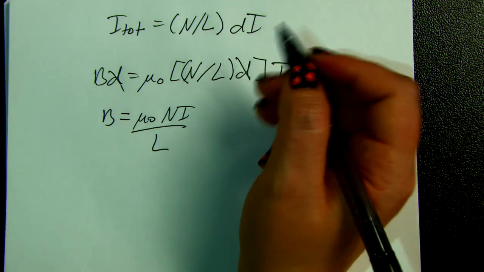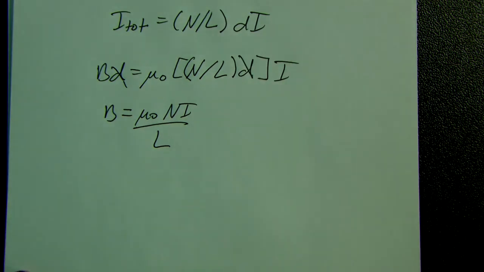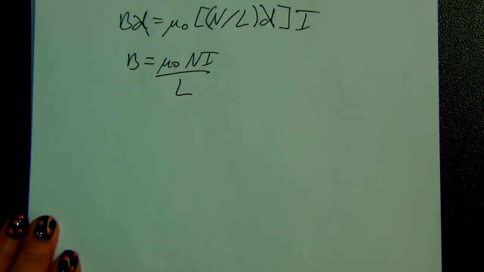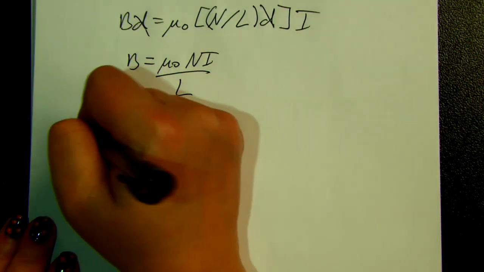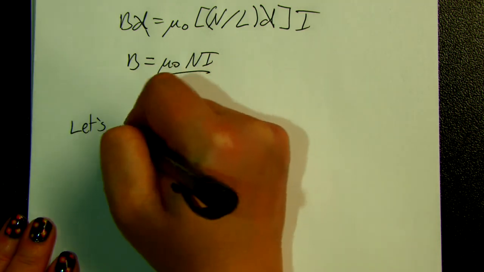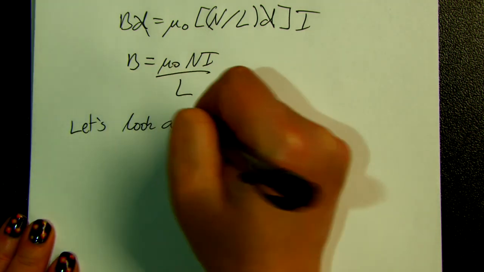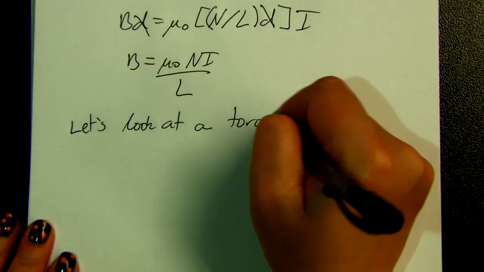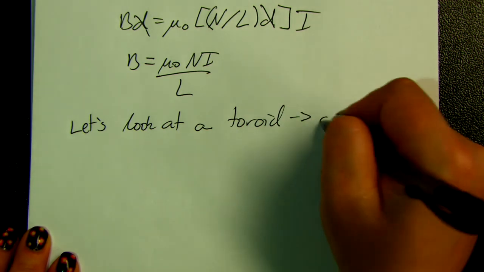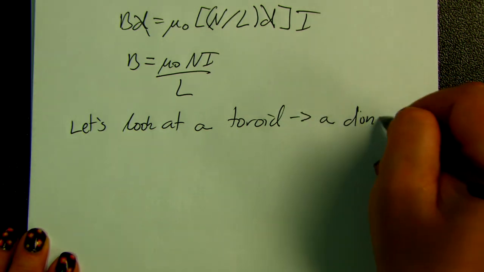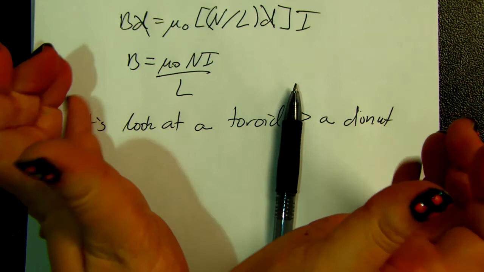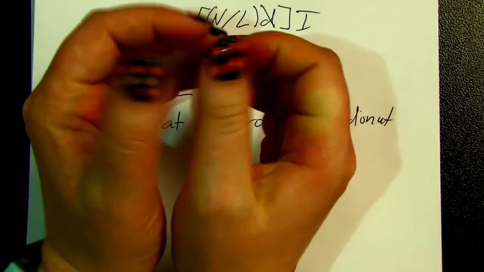So beautiful. Okay, so let's go on to one of my favorite shapes, a toroid, which is a donut. So essentially, we're going to take our solenoid and we're going to bend it in on itself.